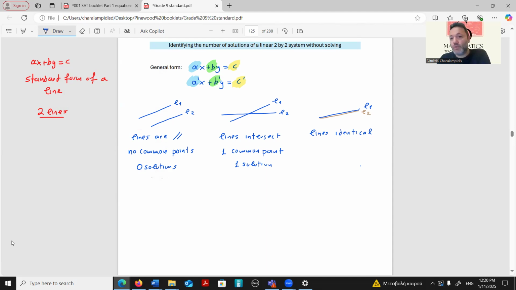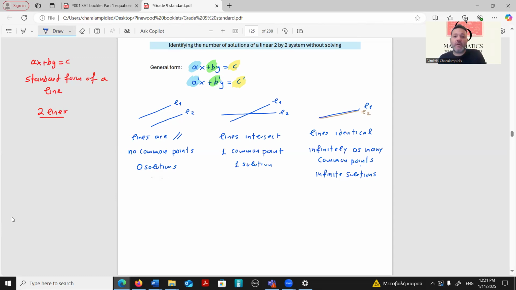With regards to the number of common points, this would mean infinitely many common points, which would mean an infinite number of solutions.